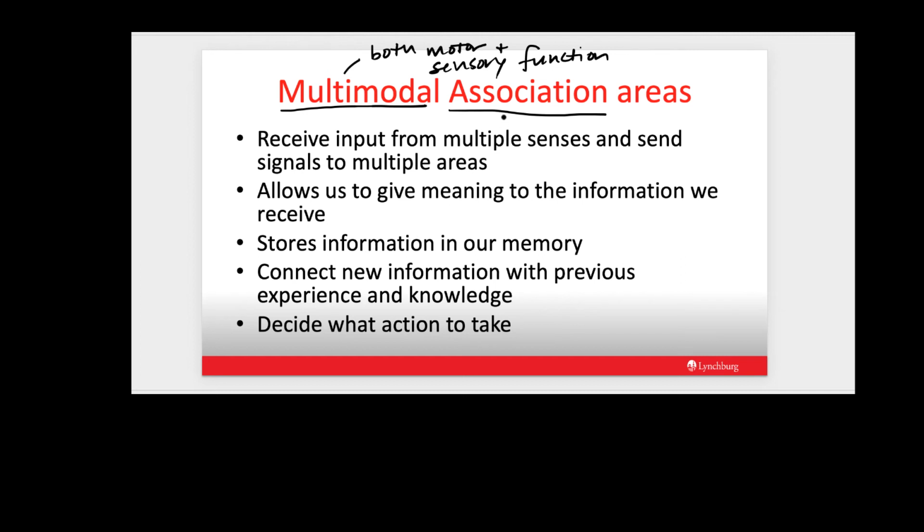As we've seen before with the association areas, this works with our memory. It allows us to give meaning to the information we receive or integrate it into our current memory. We're able to connect new information with previous experience and knowledge, and then based on that, decide what action or what outcome we want to take.